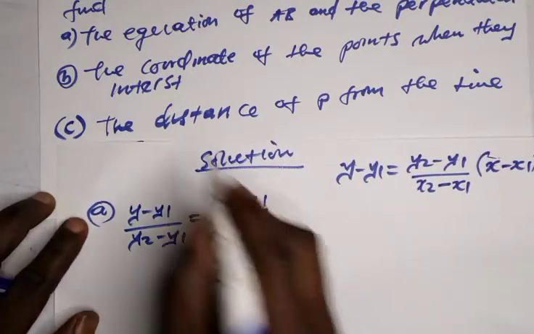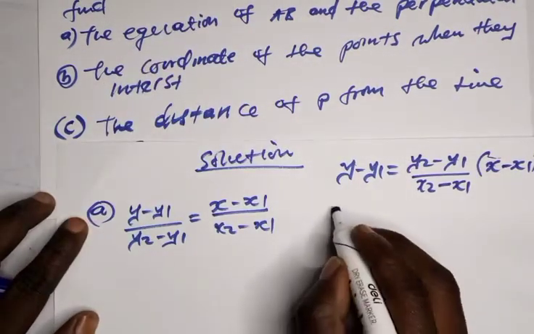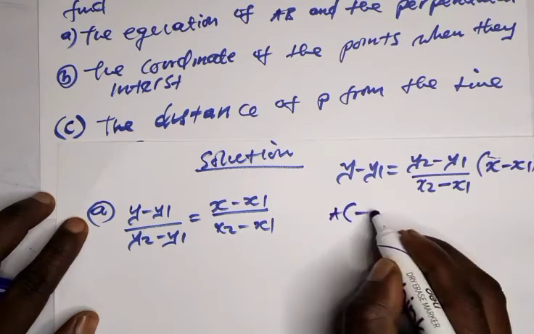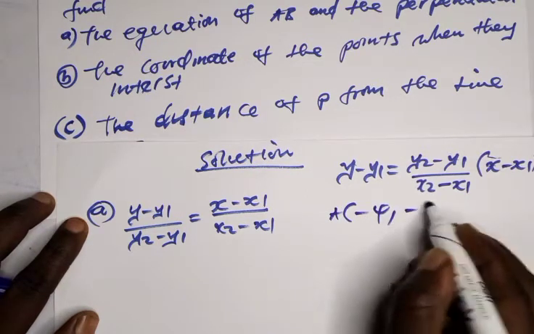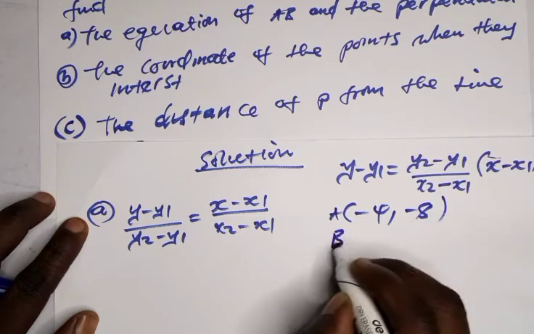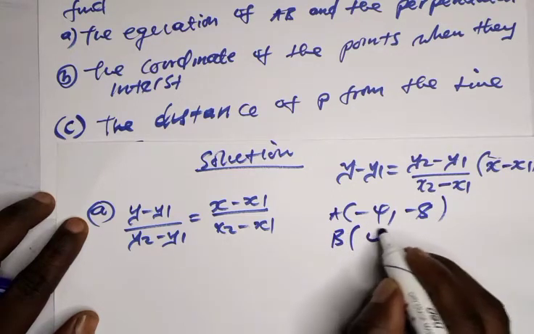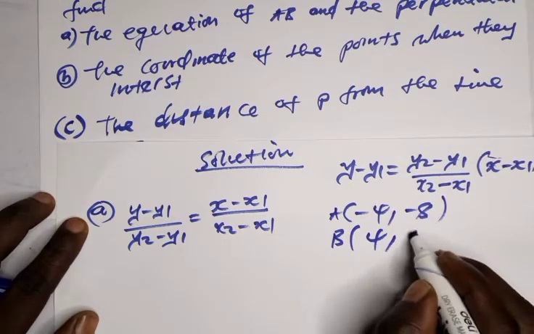So let's substitute now. We have been given the points for A, which is (-4, -8), and for B we have (4, 4).